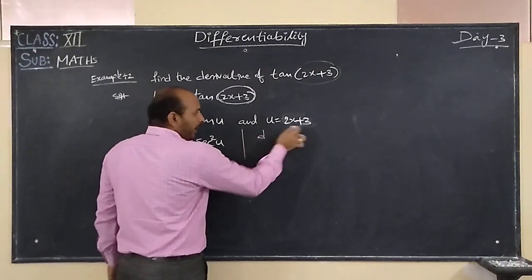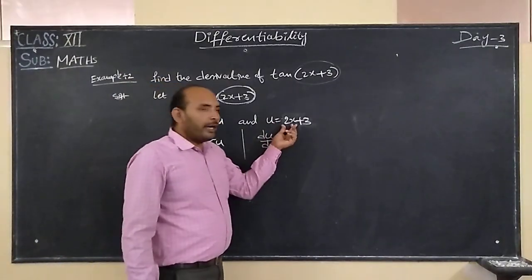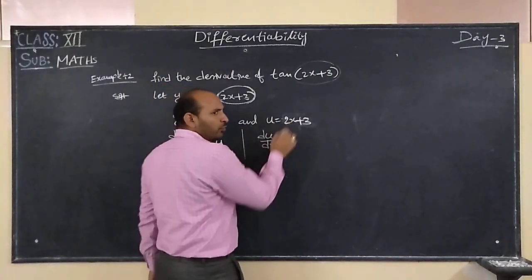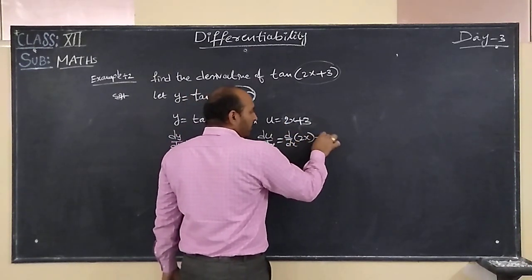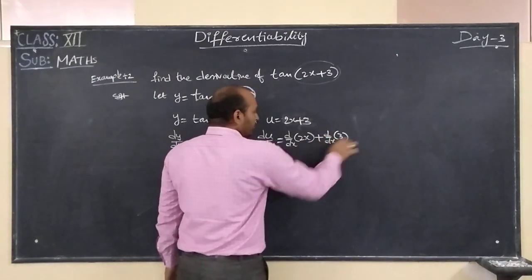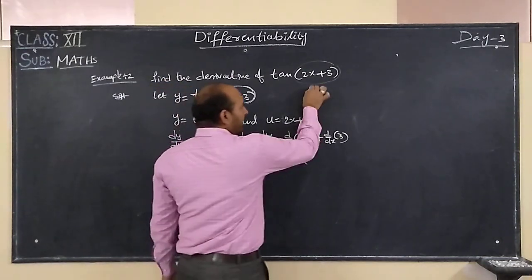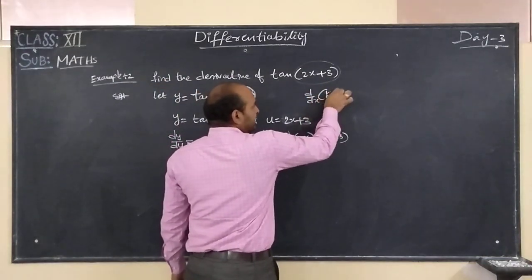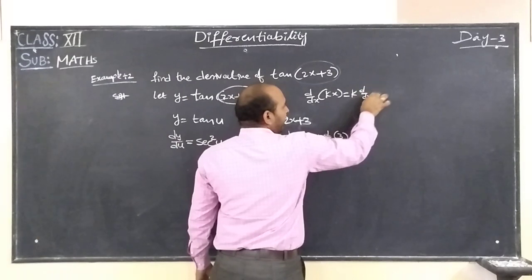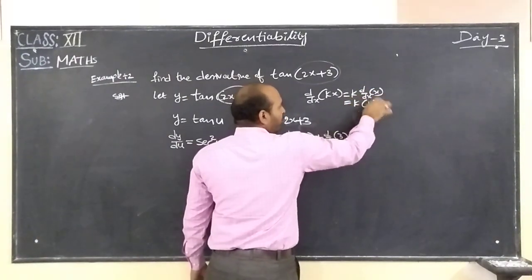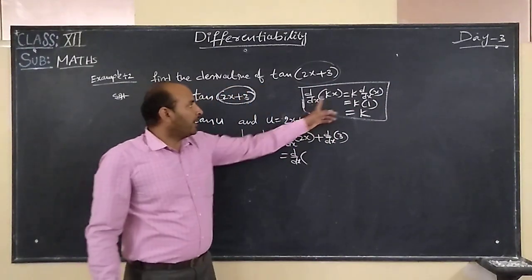Now here du by dx is the derivative of 2x with respect to x, d by dx of 2x, and we apply the derivative of a constant multiple. We have the formula d by dx of kx, which is equal to k into d by dx of x, which is k into 1, so the derivative of kx is k.